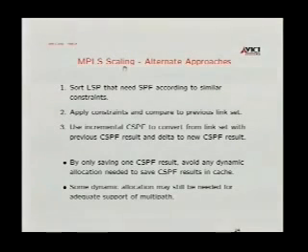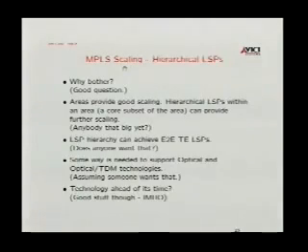If you wanted to not limit the number of multipath paths, you would have to have a dynamic allocation. I think that's a minor point. You could argue that that's not necessary.